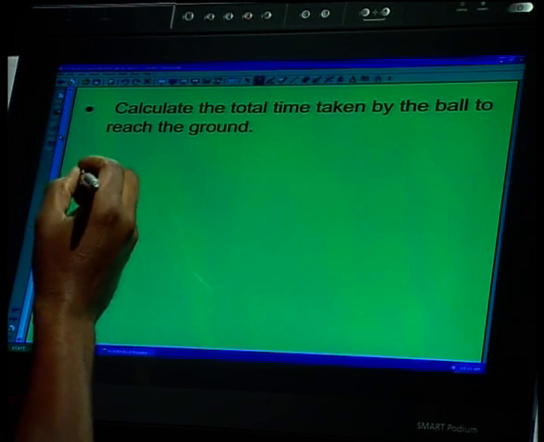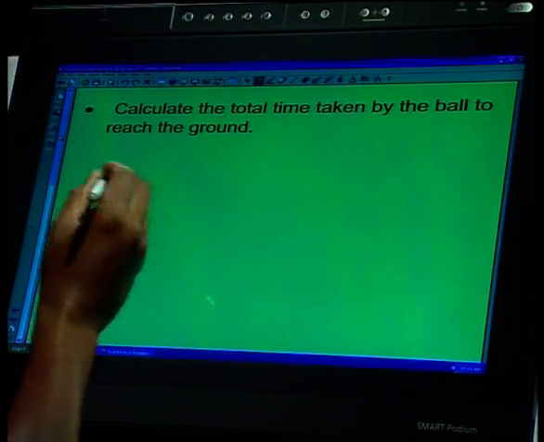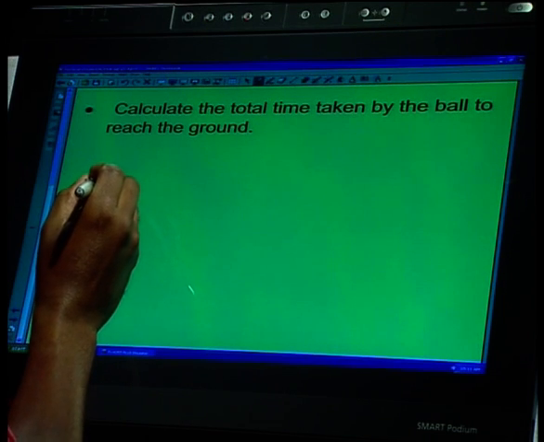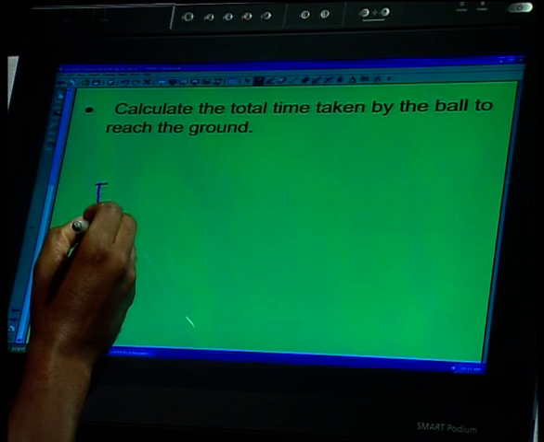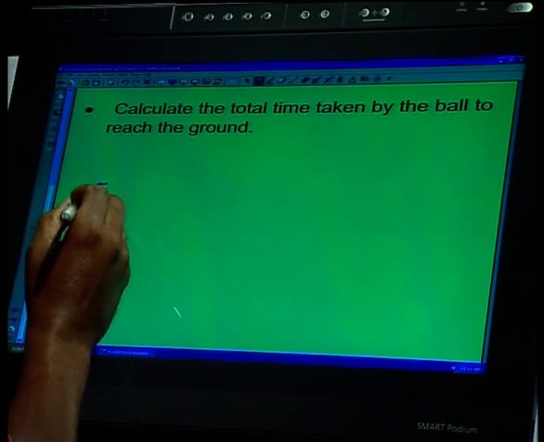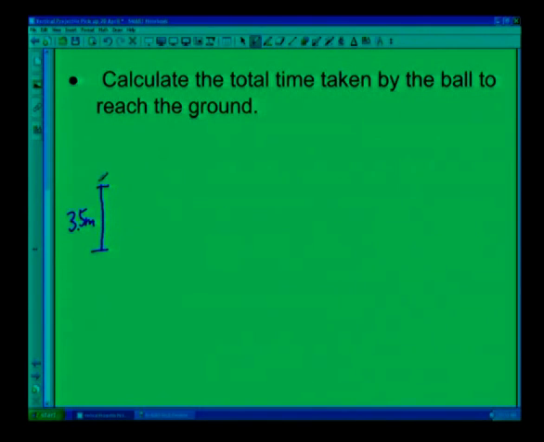We need to know that initially we had this 3.5 meters. Something is thrown from that point upwards, reaching a maximum height, coming back, and it hits the ground there.